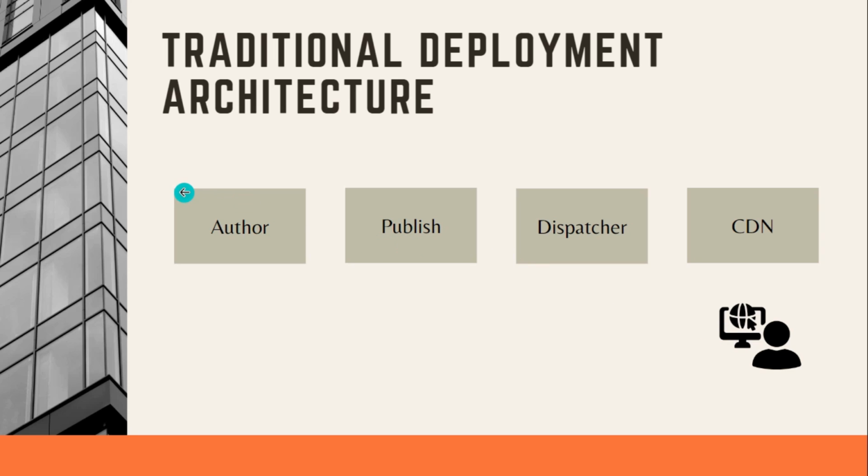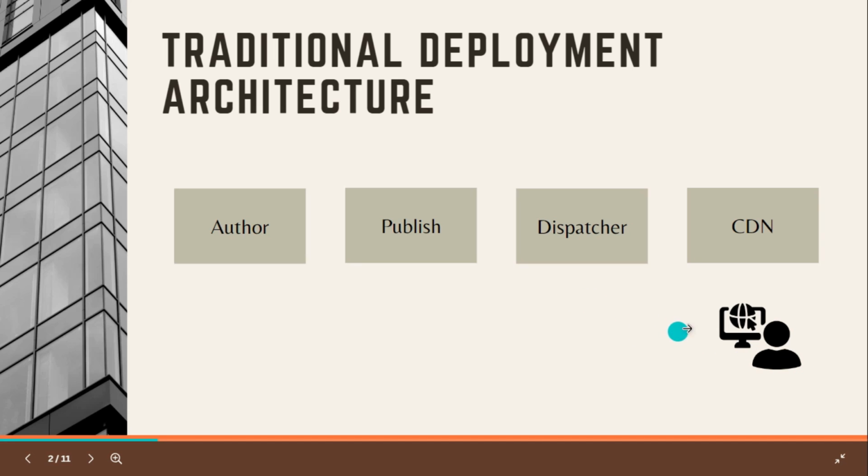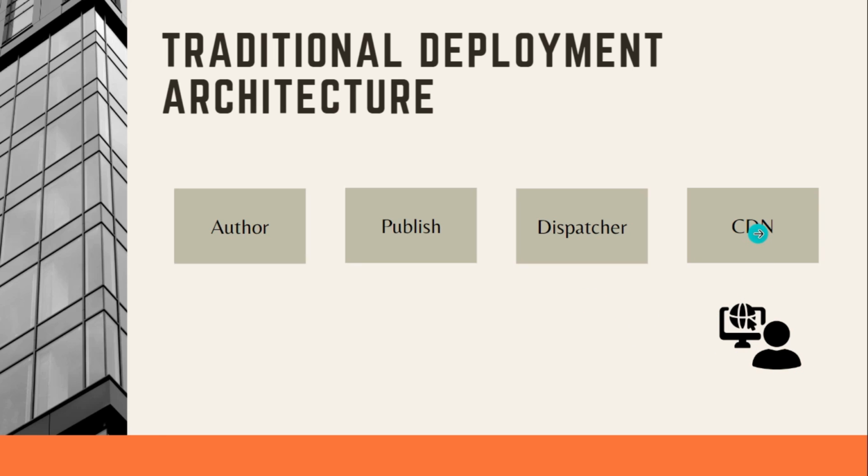Server might be in some location, but client might be located in some other location which are thousands of miles apart, but CDN will be placed at the nearest location of the client, wherever he is all over the world. At every nearest location for the client there will be a server, and from that server the content will be delivered. So this is the traditional deployment architecture which we have.